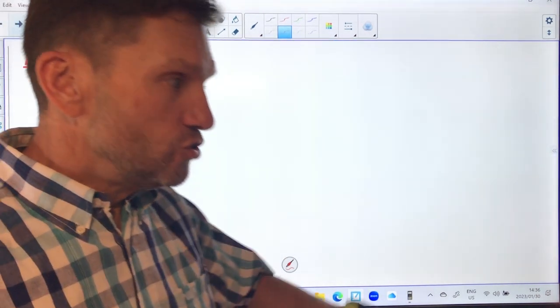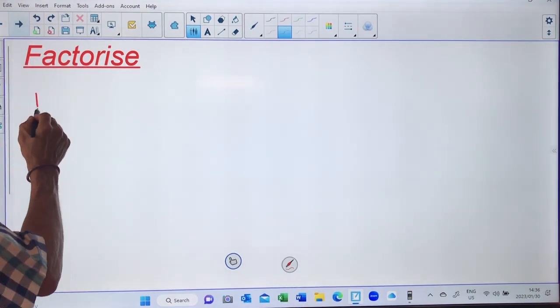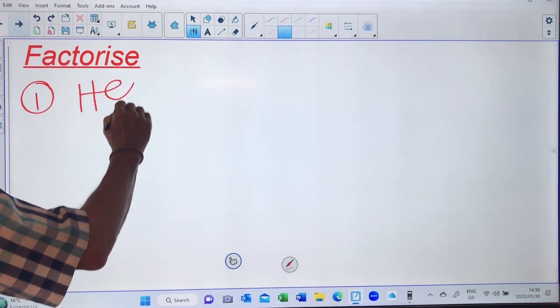Then we get to today's lesson, and that is factorizing. Just want to check how much time this took. Too long. Okay, so the first thing we need to look at is highest common factor.